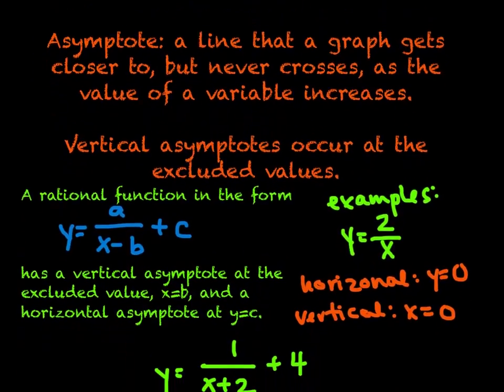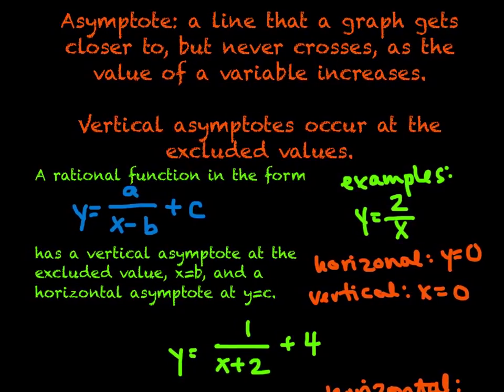An asymptote is a line that the graph gets closer to but never crosses as the value of the variable increases. An asymptote is also typically where the excluded values are. So if we have a rational function in the form y equals a divided by x minus b plus c, lots of letters here, the vertical asymptote is at the excluded value.